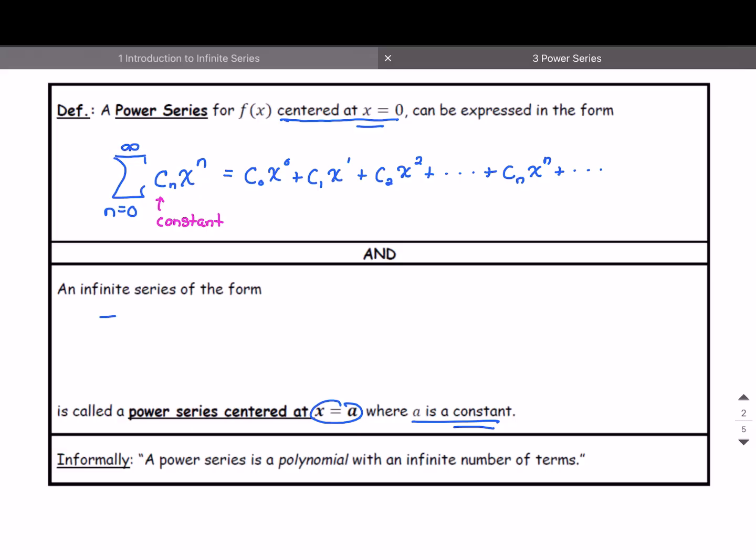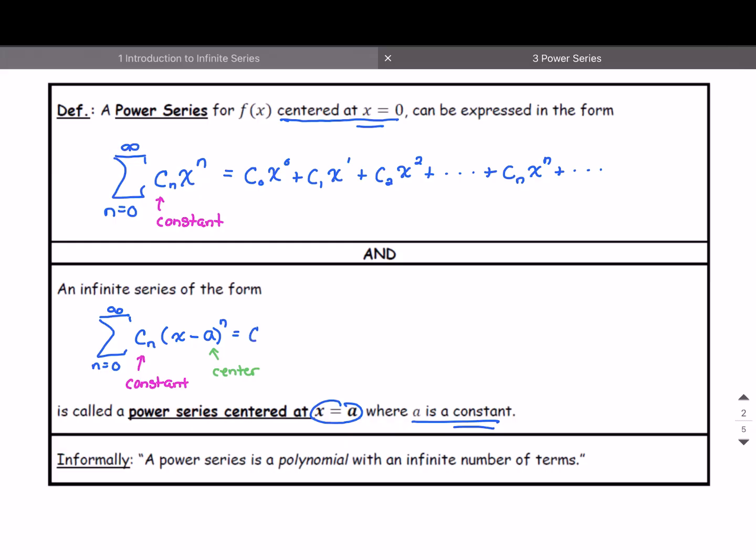Well, if that's the case, then our power series is the summation as n goes from 0 to infinity of our constant, and now it's x minus our center raised to the n, okay? So remember, this is a constant, and this a is the center.